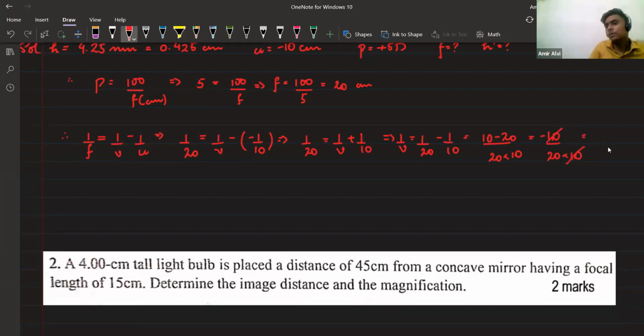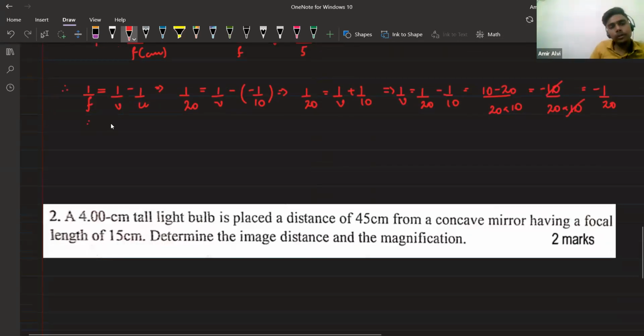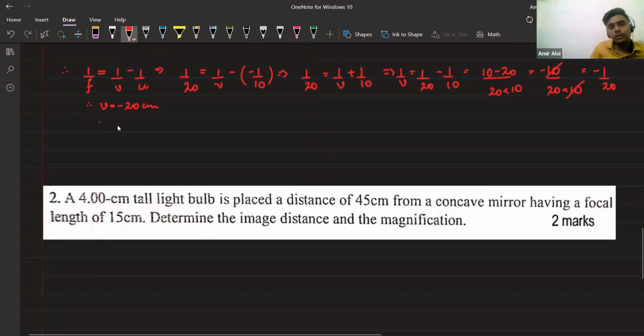So it is coming out to be minus 1 by 20. Okay, Mariam and Aisha? v would be equals to negative of 20 centimeter. Okay? To calculate the size of the image, I need to use the v by u formula. That is h dash by h is equals to, so h dash by h, v is given to you minus of 20 divided by minus of 10.